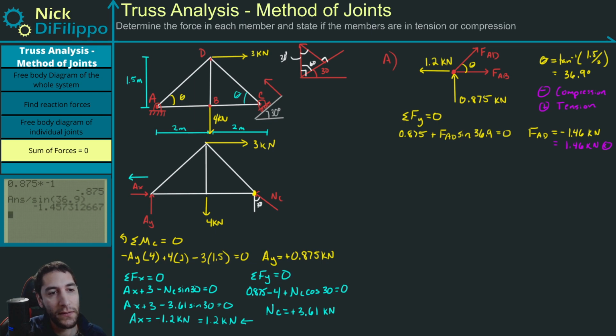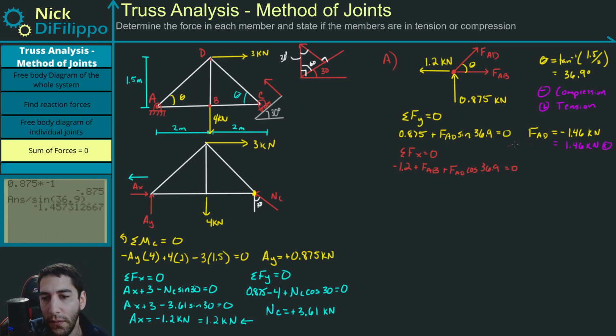So now we also need to do the sum of the forces in the X direction, which is equal to 0. Okay, so here I'll have minus 1.2. I'll have plus FAB, which I don't know. And then I'll have plus FAD times the cosine of 36.9 is equal to 0.